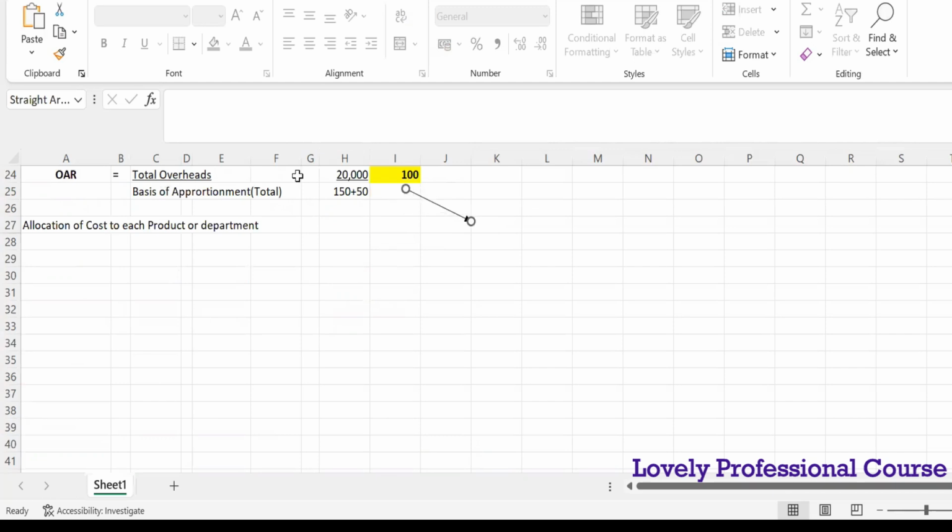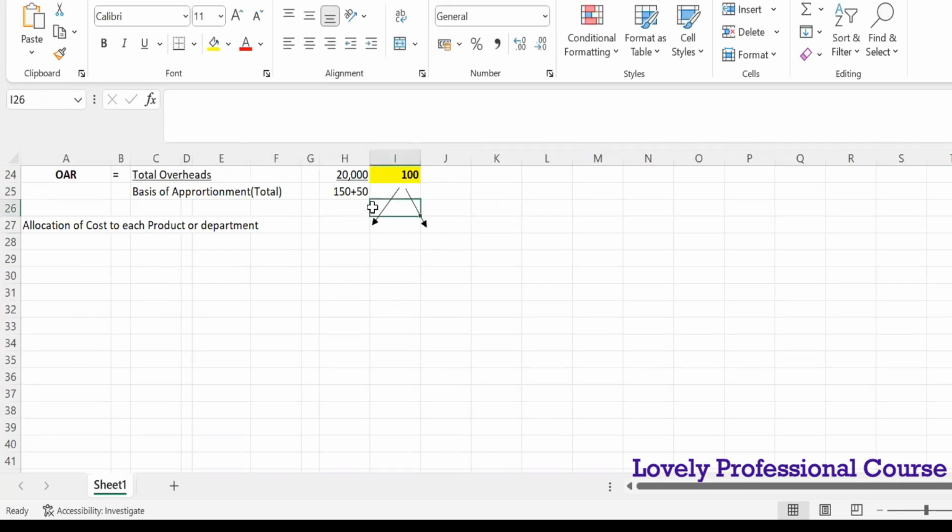We are producing two products, X and Y, so that is where we can allocate our costs. So it is our cost center. Here, this is X, and this is Y. Are we together?